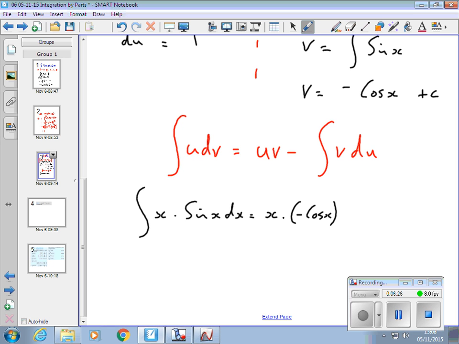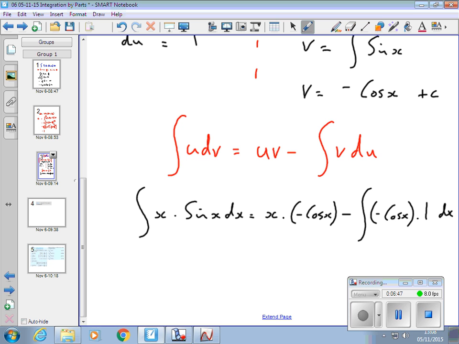Forget the c for now. Minus the integral of v, which is minus cos x, times du, which is just 1. And I'm going to integrate with respect to x. So that's that. Write that down and then check you see it as you go along.